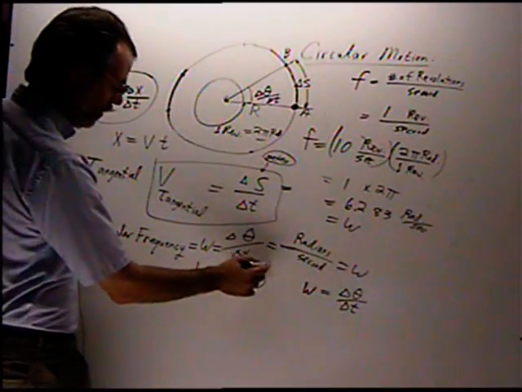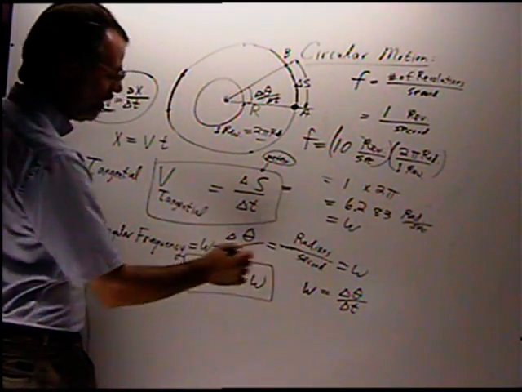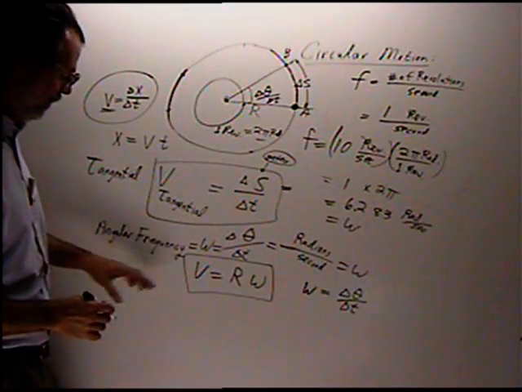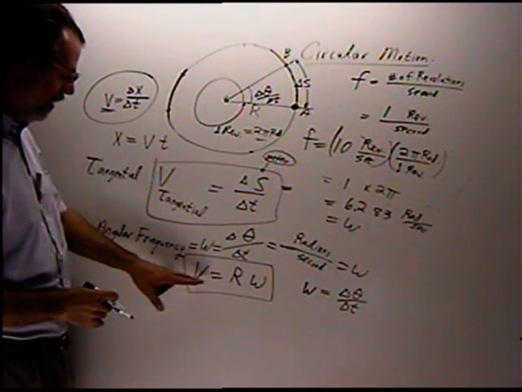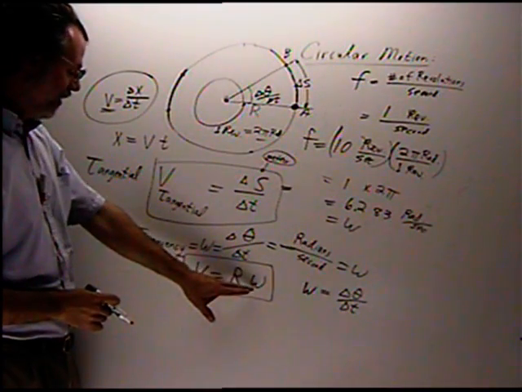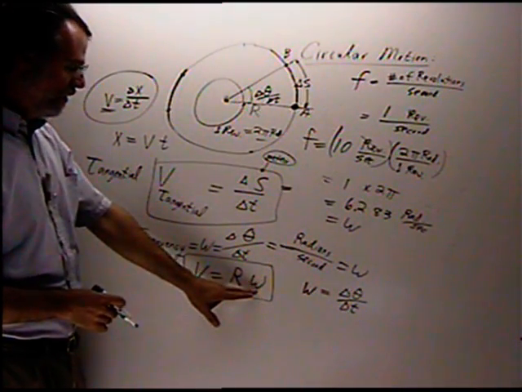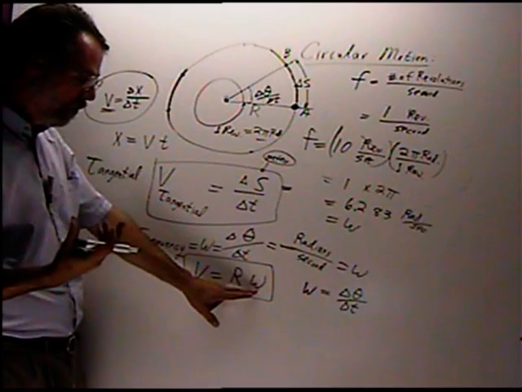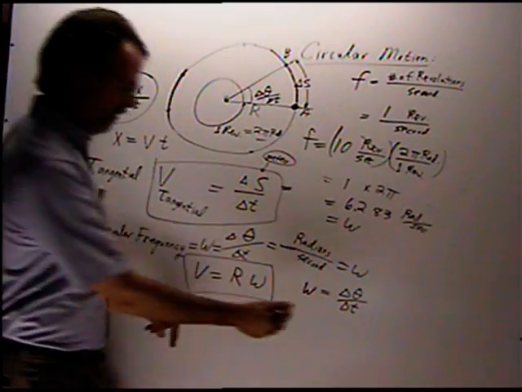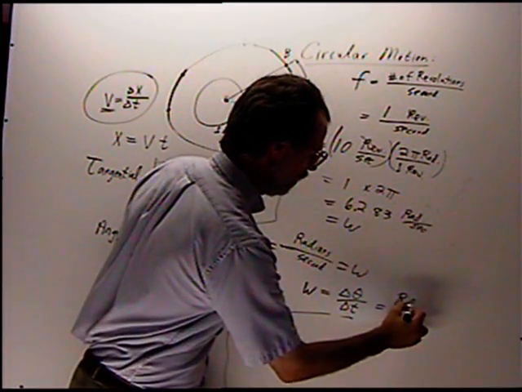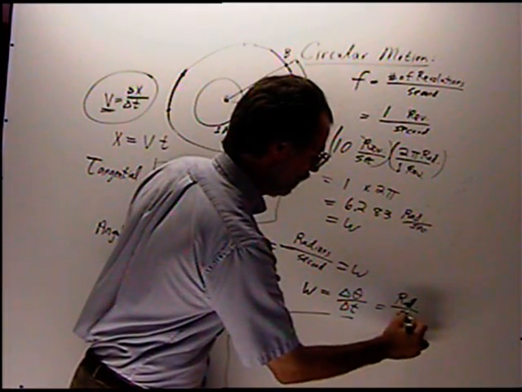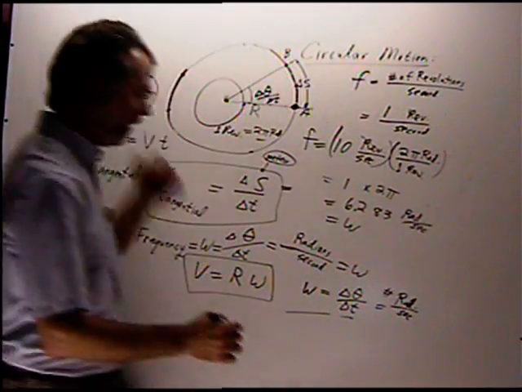Okay, so this equation here is a very important equation for circular motion. It tells us that the tangential velocity is equal to the radius times what we call the angular frequency, and the angular frequency is nothing more than this. It's the number of radians per second.